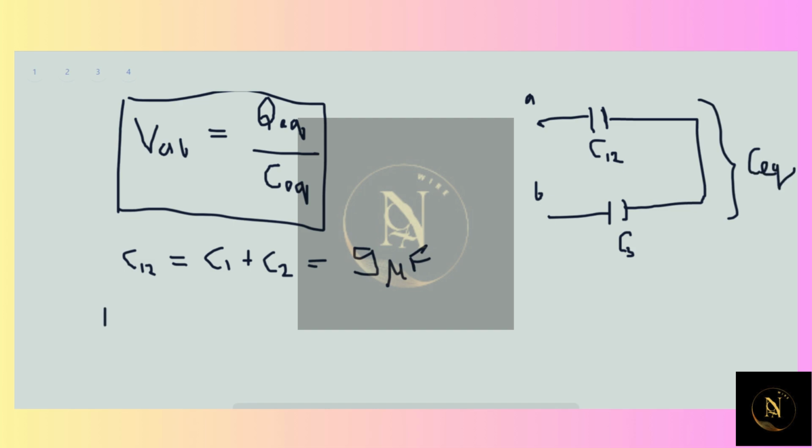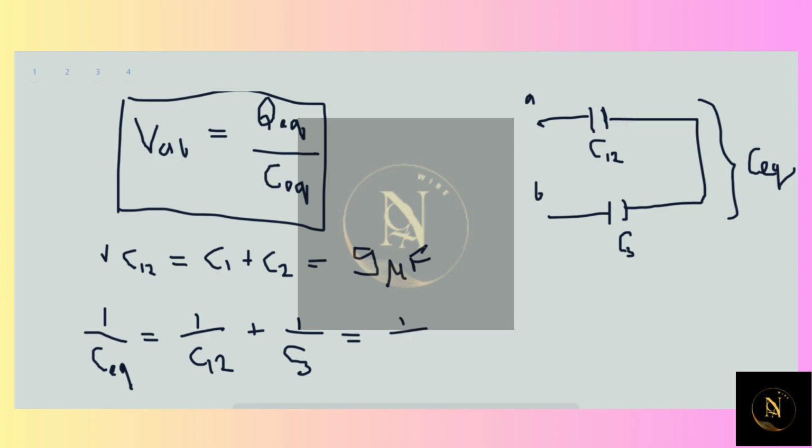If I want to find the equivalent capacitance of this combination, it's going to be C equivalent. Since the capacitors C12 and C3 are connected in series, 1 over C equivalent equals 1 over C12 plus 1 over C3.